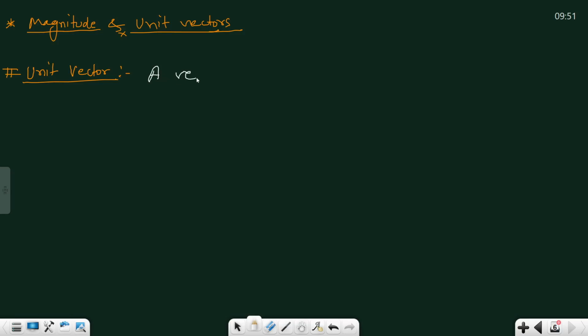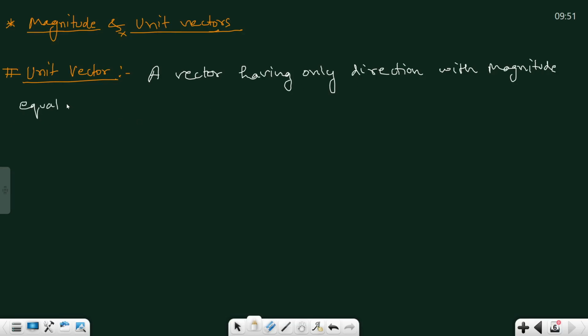A vector having only direction with magnitude equals to 1.